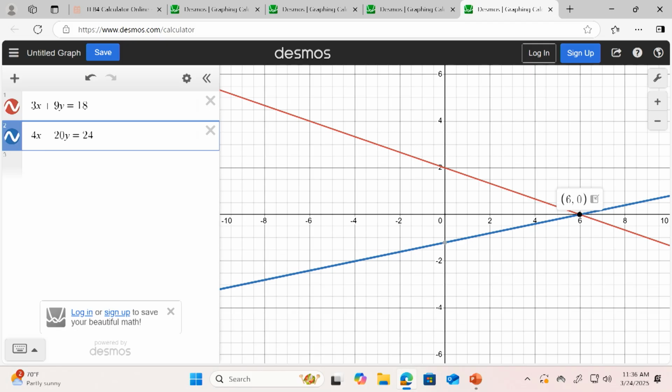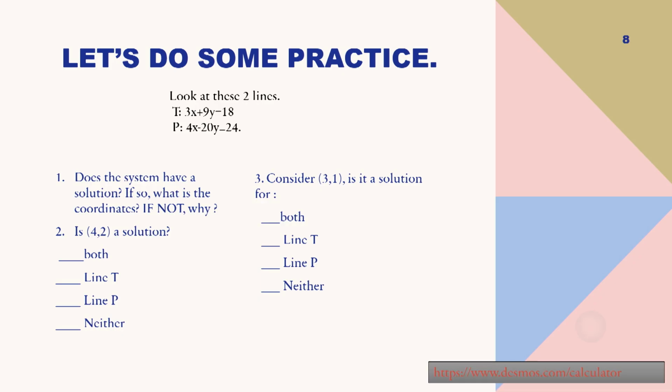I hover my mouse over and it intersects at 6, 0. So when I come back to my notes page, I'm going to put 6, 0 as my solution. That's the coordinates.